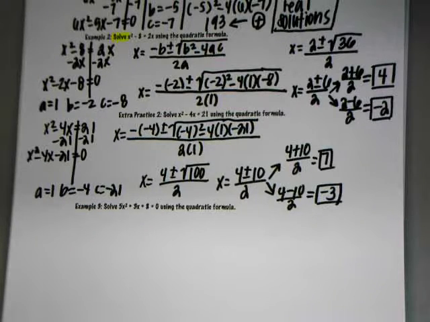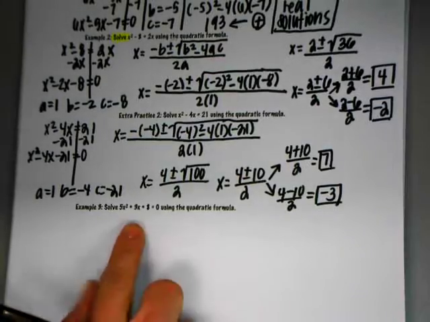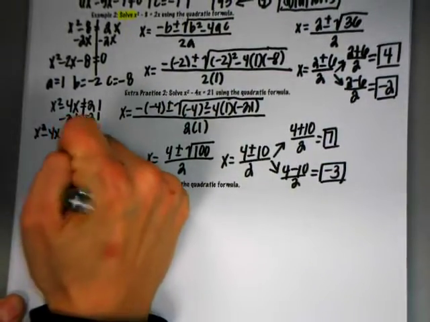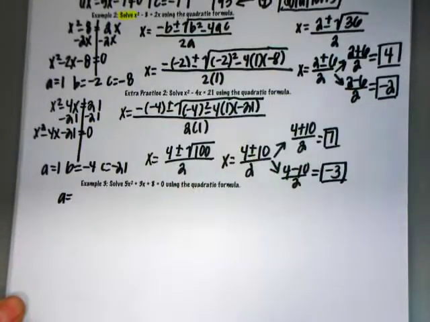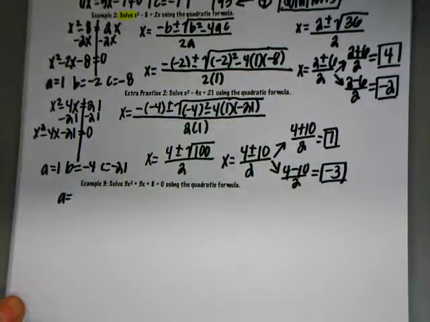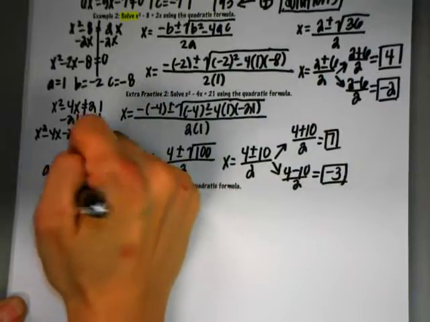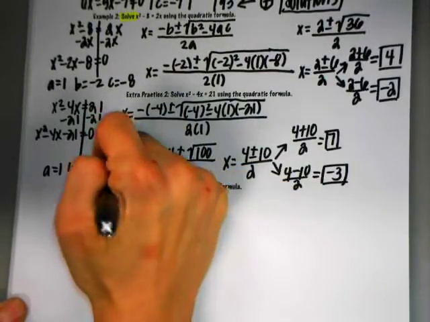All right, next one. This one already equals 0. So what does a equal? 5, b, and c.